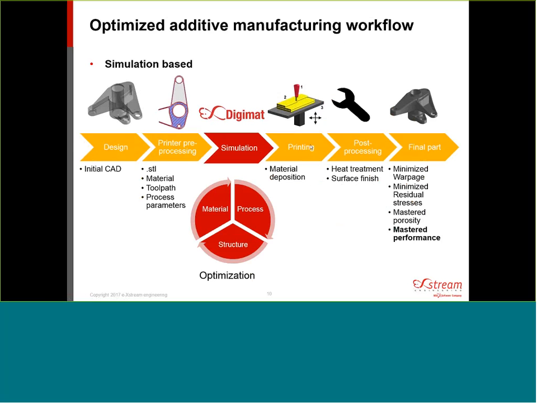The simulation strategy is a highly coupled one that considers material models, material behavior, process simulation, and structural performance. And once we are able to handle all these aspects in a predictive simulation framework, then proper optimization can be performed prior to the printing, so that the actual physical printing is done right the first time.